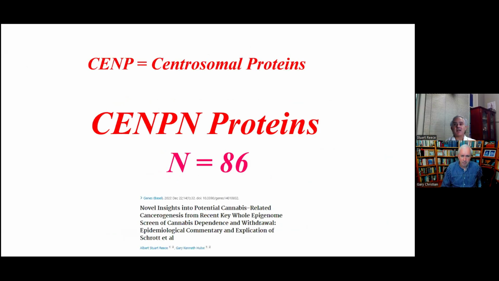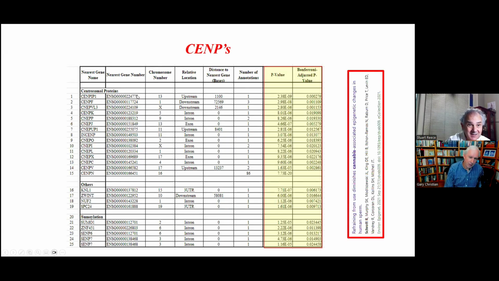Remember I said the chromosomes are stuck to the spindle? That happens through centrosomal proteins. And there are 86 hits in this EWAS study, 86 hits for the proteins that stick the chromosomes onto the spindle. And here's some of those hits, and you see the high level of statistical significance.